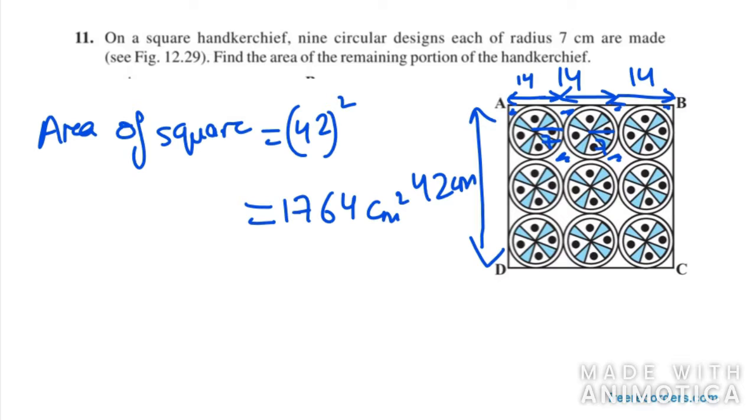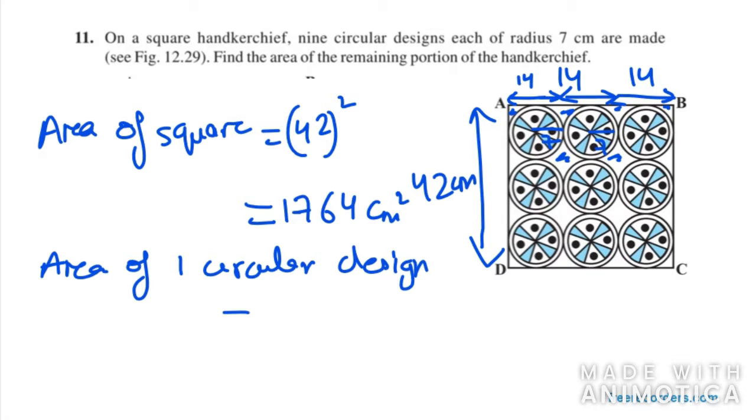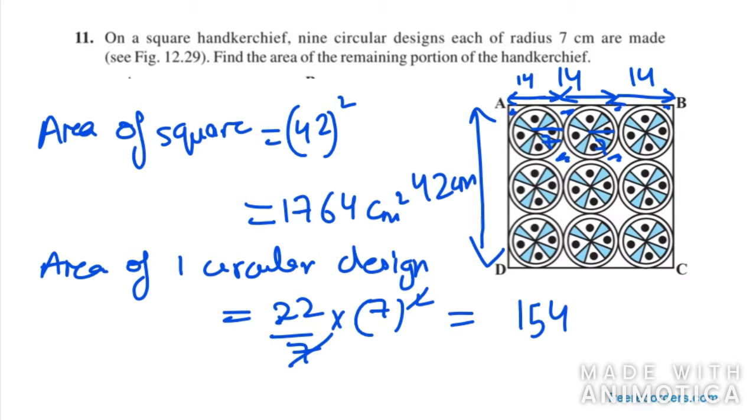So for that you need to find area of one circular design. So area of one circular design will be pi r square, 22 by 7. R will be 7 square. Cut down 7 with 7. 22 into 7 will be 154 centimeter square.